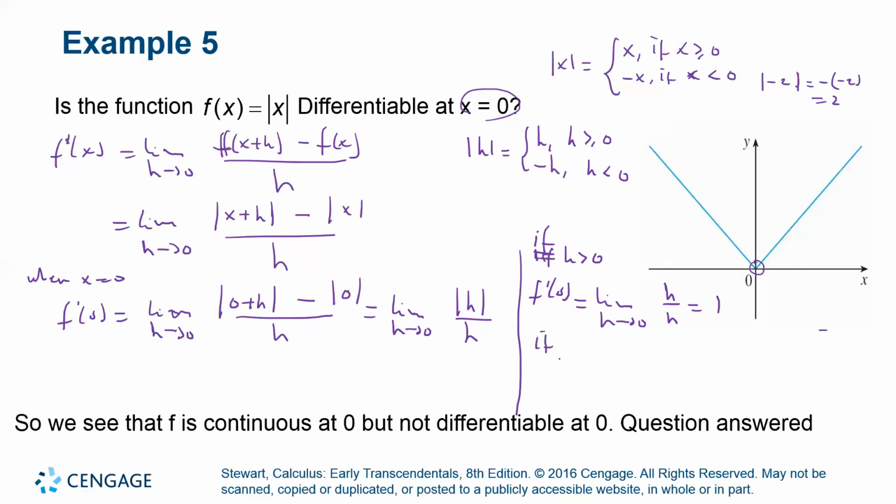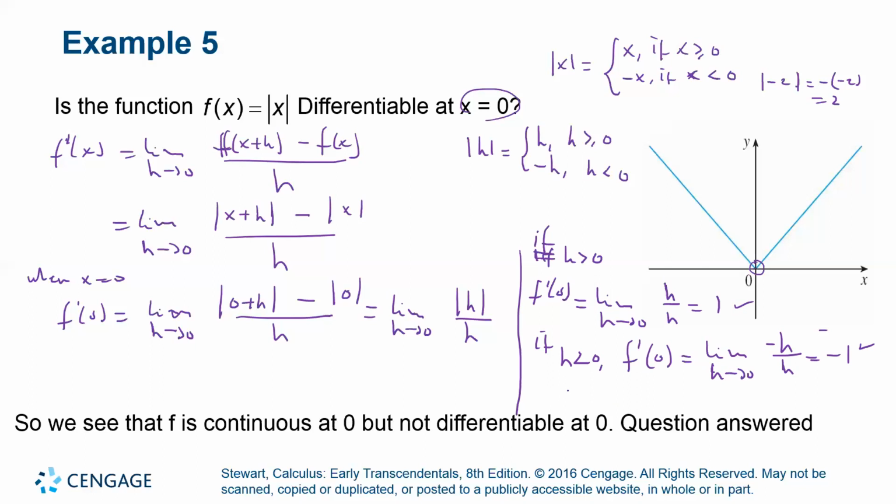Now if h is negative, then f prime at 0 is going to be the limit as h goes to 0 of negative h over h, and that gives me negative 1. Now you see that the limit does not exist.